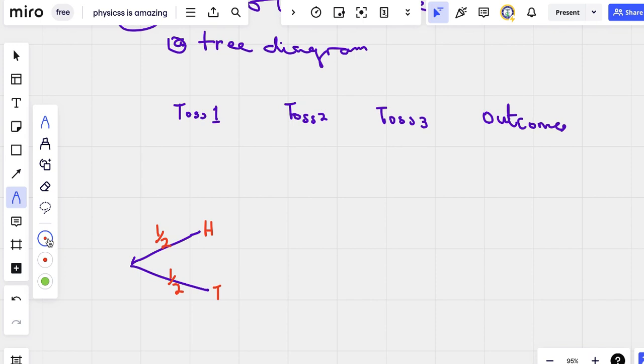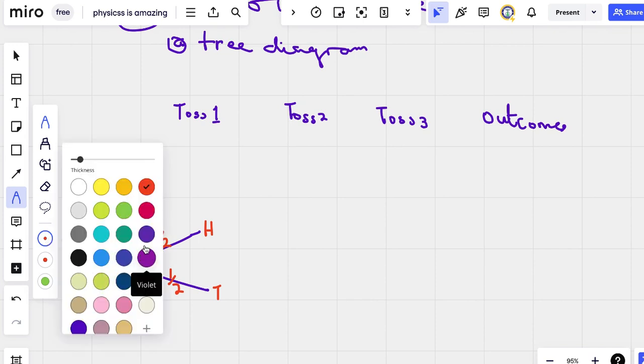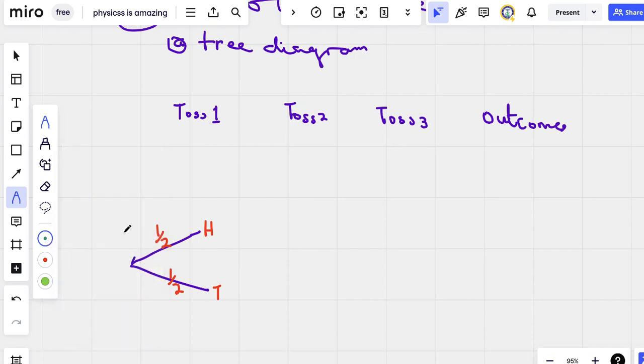For our second toss, if we toss the coin the second time, we also have head and tail, right? The outcomes are head or tail.